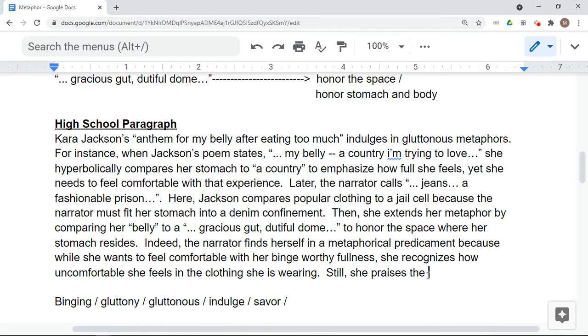Then she extends her metaphor by comparing her belly to a gracious gut, dutiful dome to honor the space where her stomach resides. Indeed, the narrator finds herself in a metaphorical predicament because while she wants to feel comfortable with her binge-worthy fullness, she recognizes how uncomfortable she feels in the clothing she is wearing.